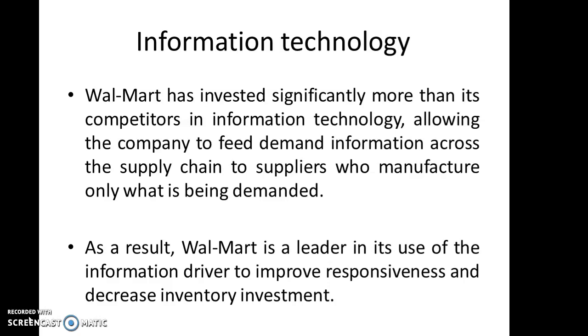As a result, Walmart is a leader in its use of the information driver to improve responsiveness and efficiency of the supply chain system, and also it decreases the investment in inventory.